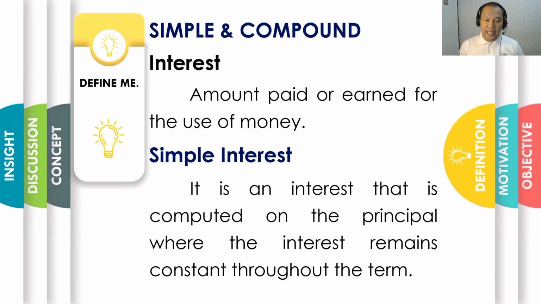Ang ibig sabihin niyan, yung pera na isi-save ni Peter for 3 years will generate every year a constant interest. It will generate a constant interest. Okay? Meaning to say, for the first year, meron siyang interest.